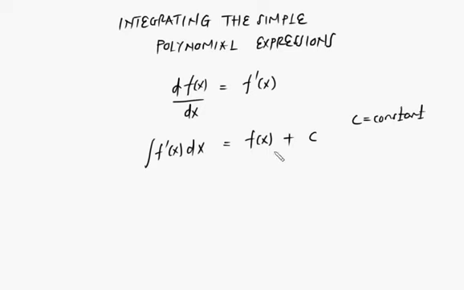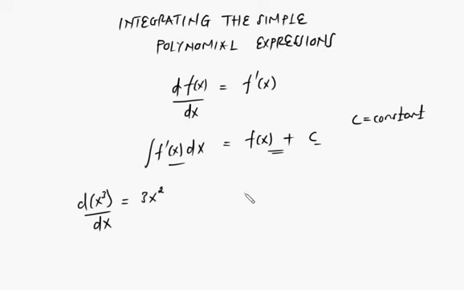Now, what does this c mean? This c means that when you integrate a function, you don't get only one answer. You can get more than one answer. For example, if you differentiate x cube with respect to x, you get 3x squared.